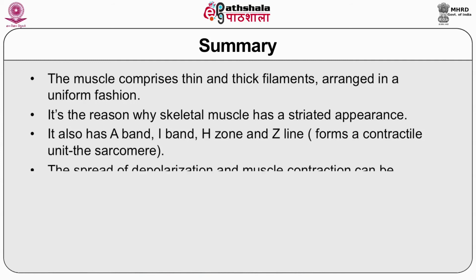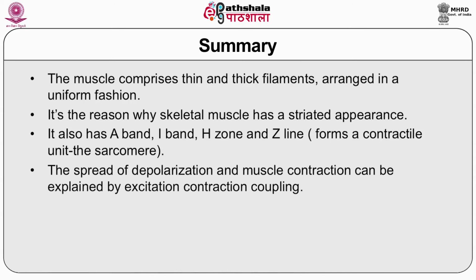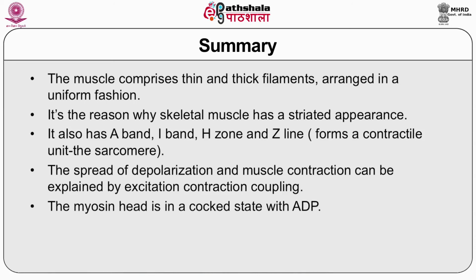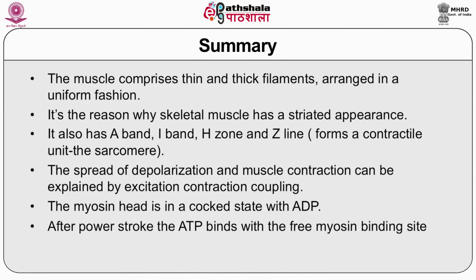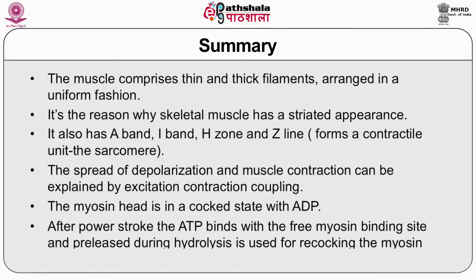Now, the spread of depolarization and muscle contraction can be explained by excitation contraction coupling. Now, the myosin head is in a cocked state with ADP, and after the power stroke, the ATP binds with the free myosin binding site, and the phosphate that is released during hydrolysis is used for recocking the myosin head.